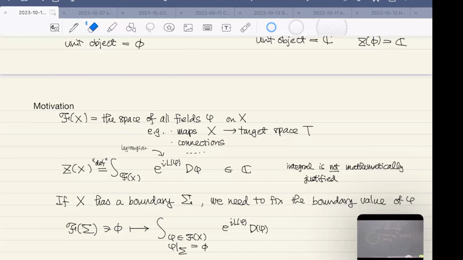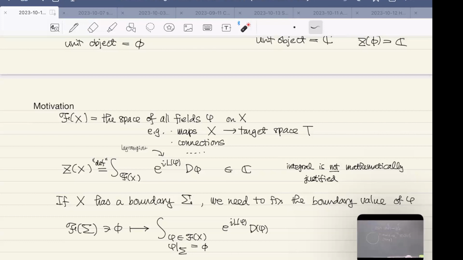And this is given, as is usually done in quantum field theory, by the Lagrangian. Depending on the quantum field theory, you have a Lagrangian, and you integrate the exponential of i times the Lagrangian over this space of all the fields. This gives some complex number. But usually in the quantum field theory which physicists consider, this integral is ill-defined.